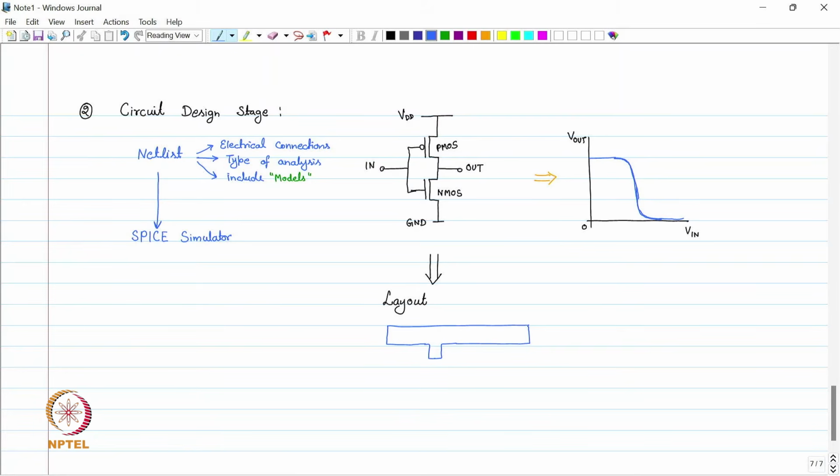So this is the VDD rail, the metal, and then on the top we have a PMOS.